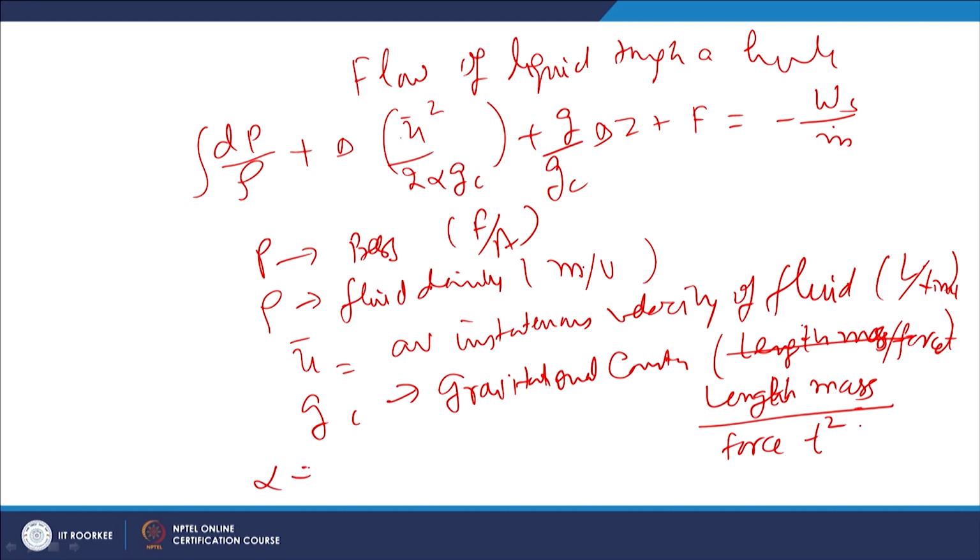Alpha is the unitless velocity profile correction factor.